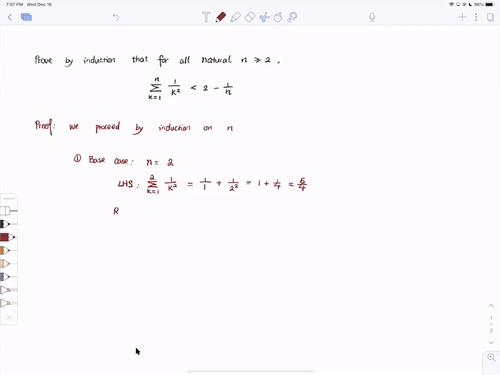My right-hand side equals 2 minus 1 over 2, which equals 3 over 2. Since we're comparing those two, I'm going to write it as 6 over 4. And since 5 over 4 is less than 6 over 4, base case holds.